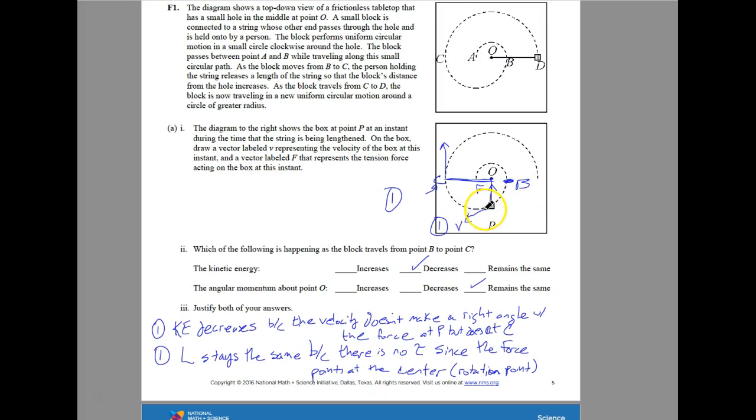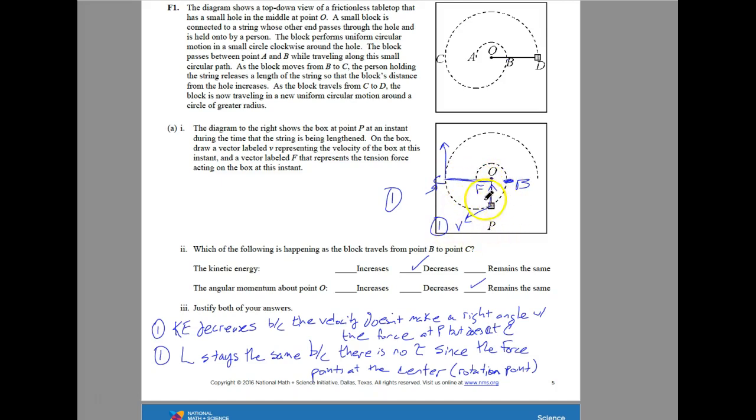So this is kind of an ingenious little question that they have here. They want to know what happens to the block as it travels from point B to point C. So as it's going from B to C, you'll notice that the velocity vector is not perpendicular to the radius, and that is to the force.